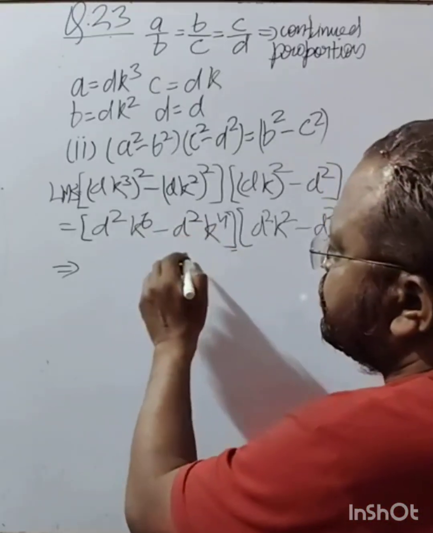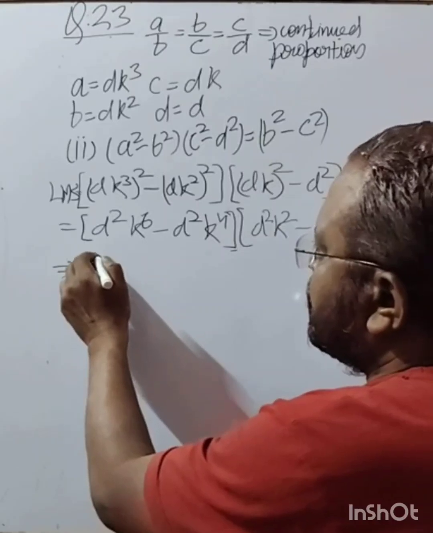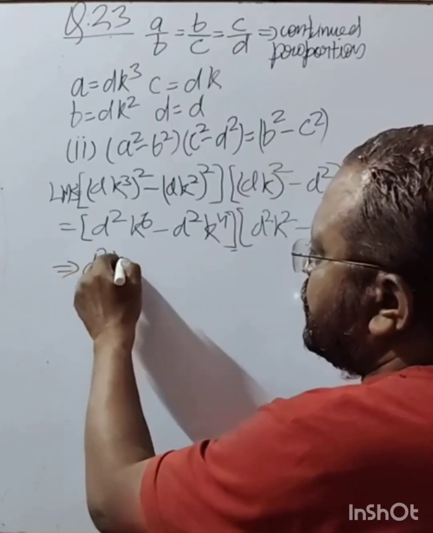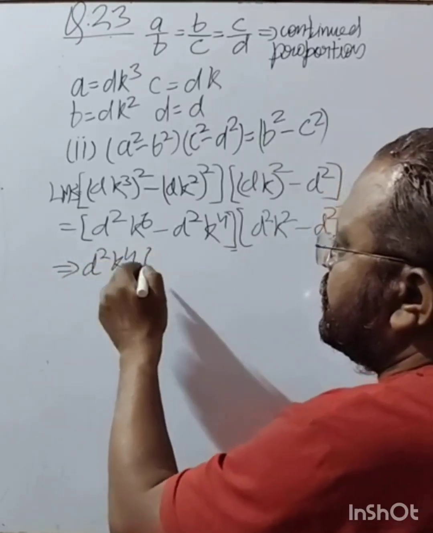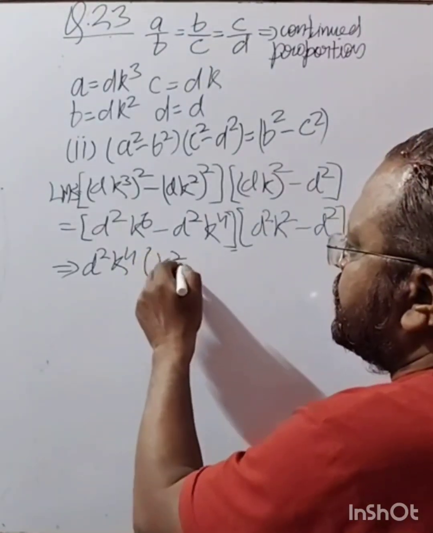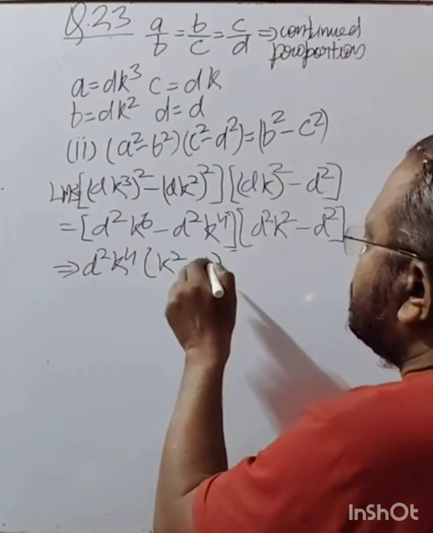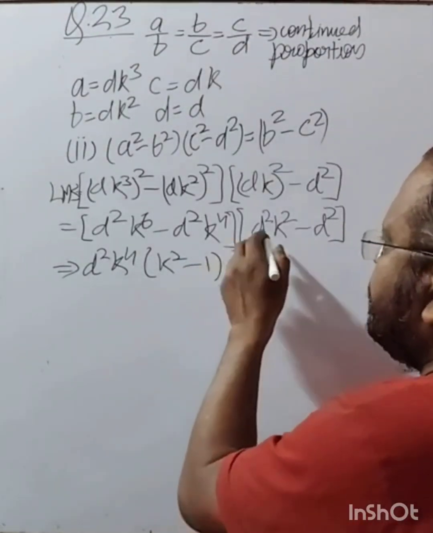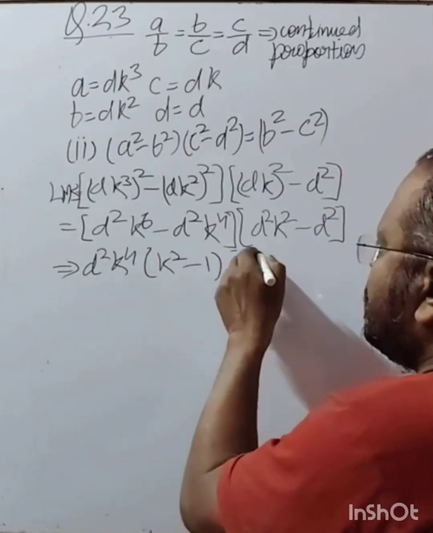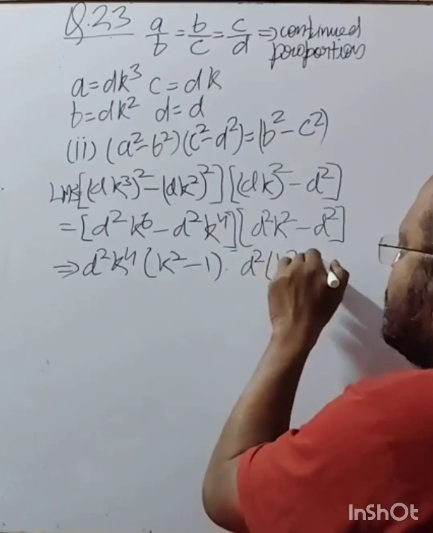If you take d square k raised to the power 4 common, then you get k square minus 1, and we take d square as common, so we get k square minus 1.